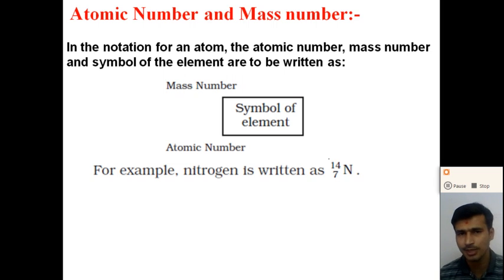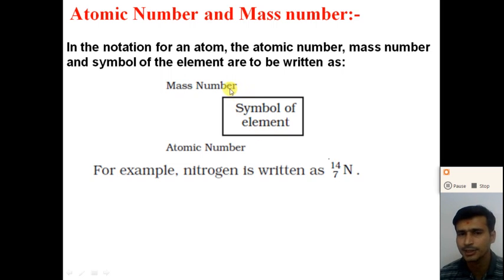How can we represent the atomic number and the mass number as a symbol, right? In the notation for an atom, the atomic number, mass number and the symbol of the element are written like this. So here we write the symbol of the element, that means H for hydrogen, N for nitrogen, O for oxygen.